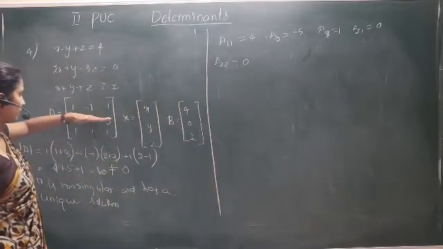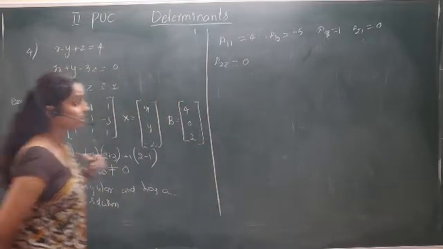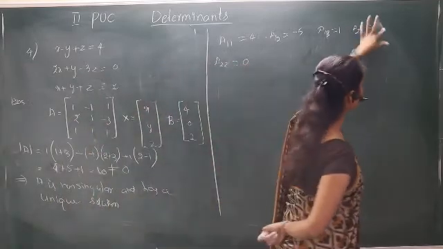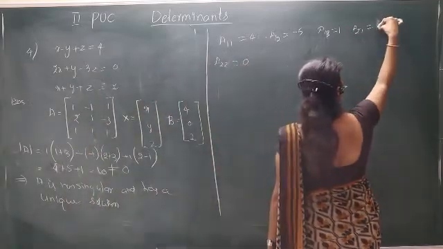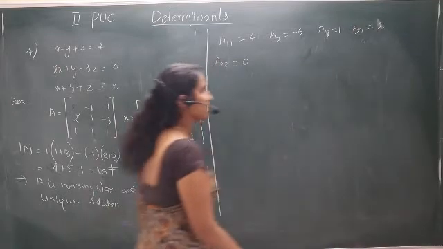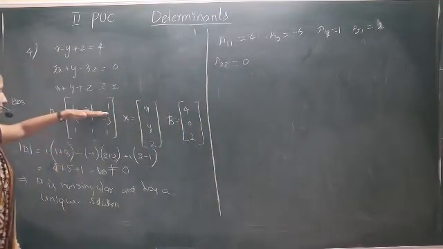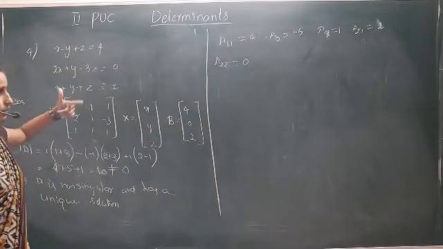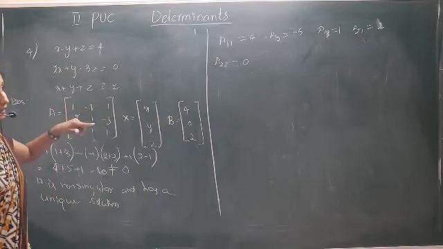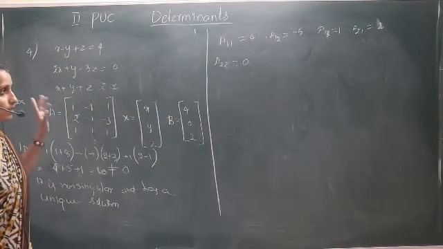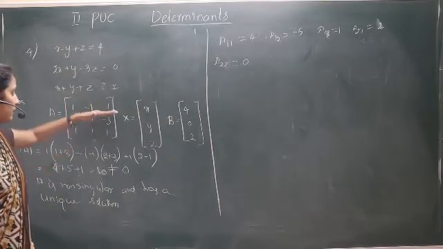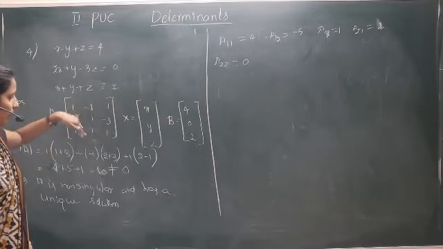This will be minus of minus 2, sorry, so plus 2. A21 is deleting this one, minus 1 is minus 2, so again that will be minus, this position is minus, so plus 2. And next A22, deleting this one, 1 minus 1 is 0.